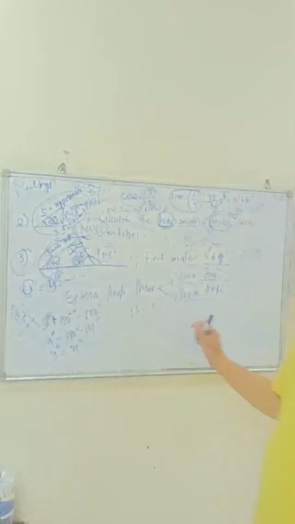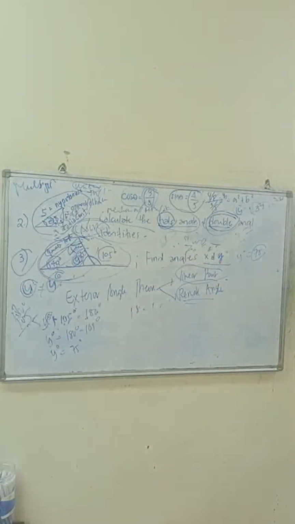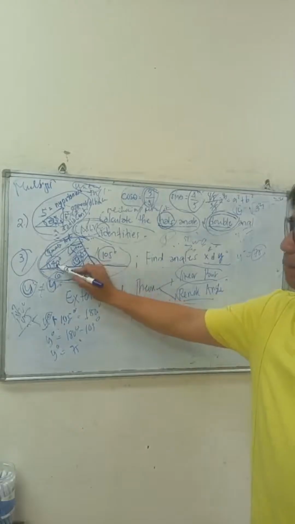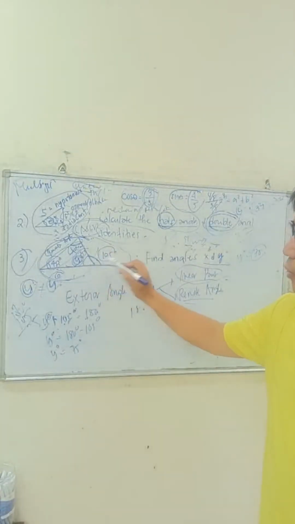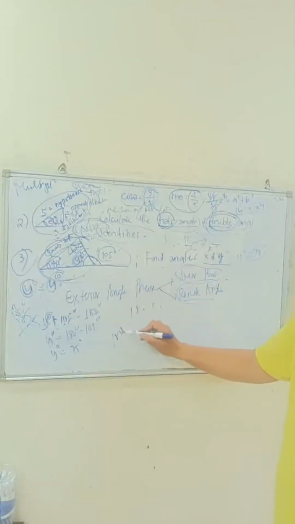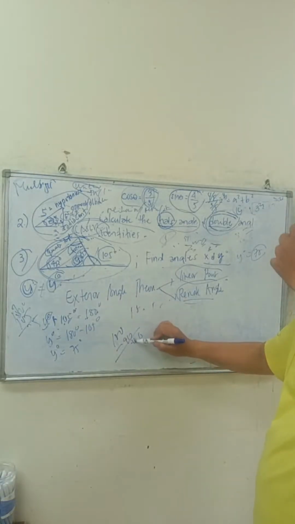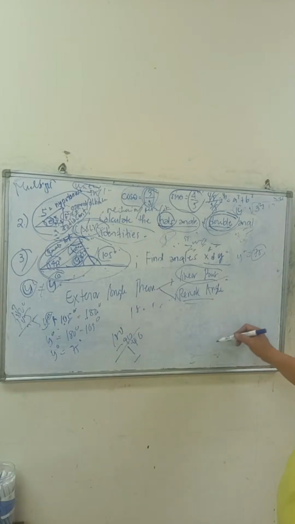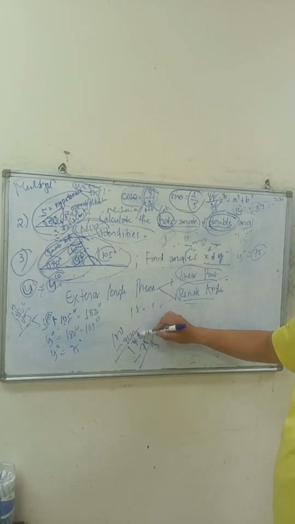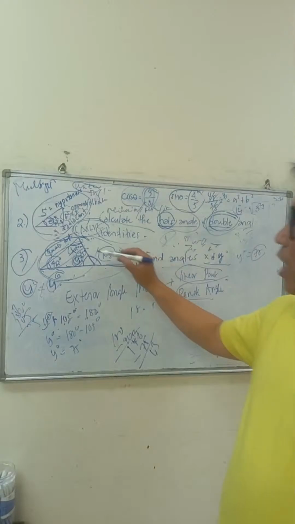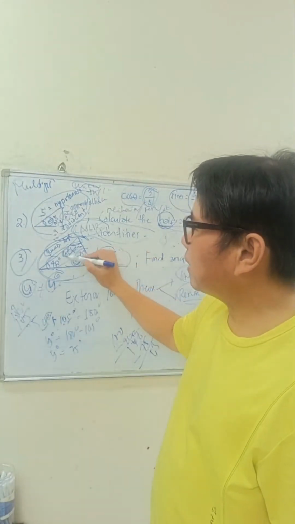So by the theorem of triangle interior angles, 40 plus x degree plus 75 is equal to 180. So subtract 180 minus 40, and minus 75, and so on. So 65 degrees. Okay, see x degree.